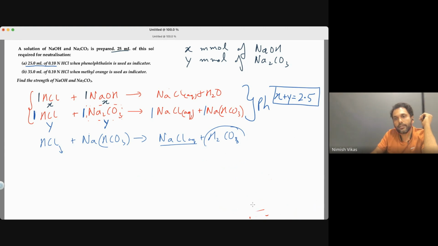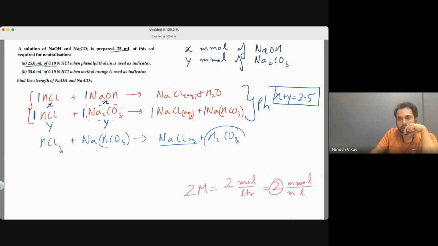Molarity unit is moles per liter or millimoles per milliliter, and the value remains the same. 2 molar means 2 moles per liter, which is exactly 2 millimoles per milliliter because of the factor of 1000. 2 only. So when I multiply with liters, I get moles as the answer. When I multiply with ml, I get millimoles as the answer.